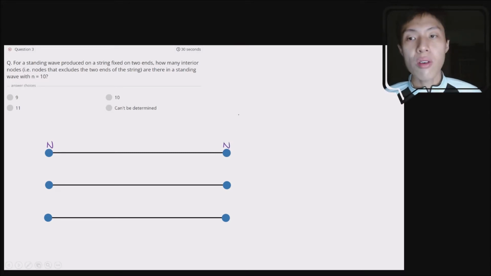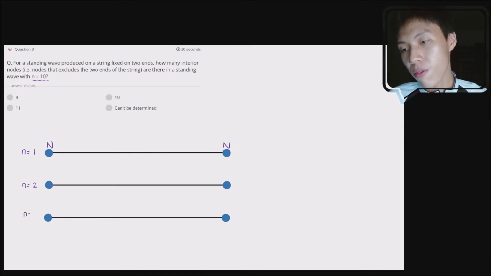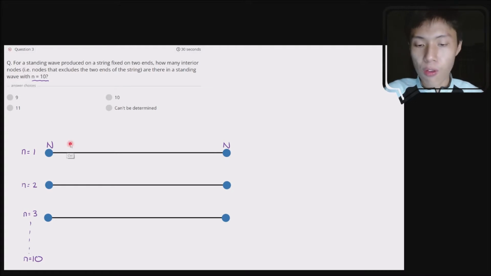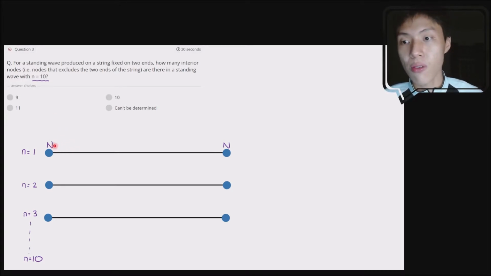Now if they ask for n equals 10, it's a very big number, but don't worry, we can start from the first one, the fundamental, then slowly work upwards from n equals 2, n equals 3, then from there we can deduce what will happen if n equals 10. If n equals 1, we know that for a standing wave, you cannot have two nodes side by side.